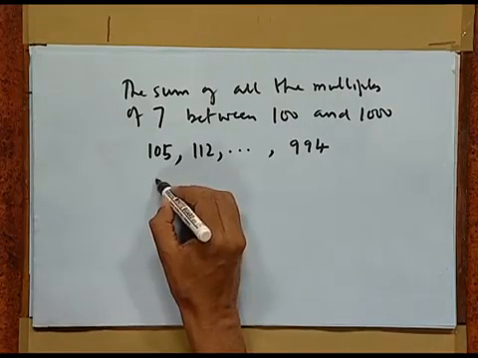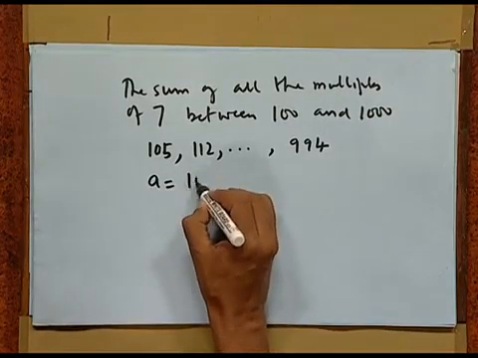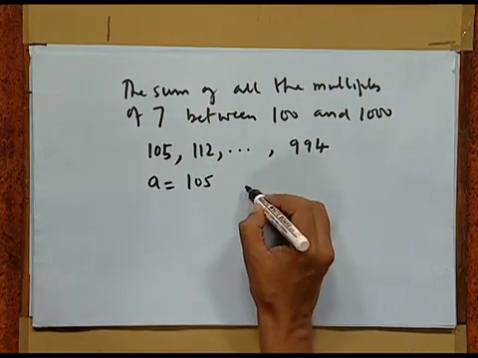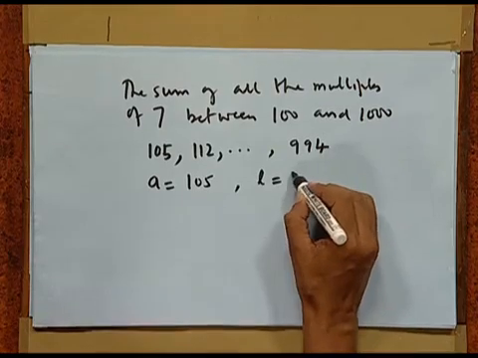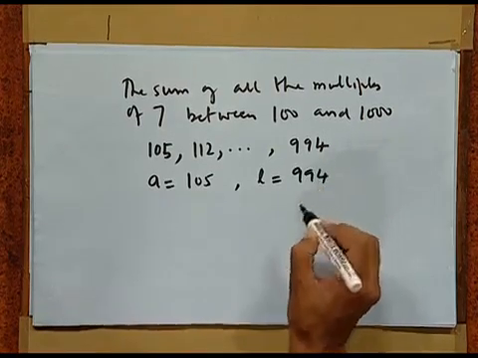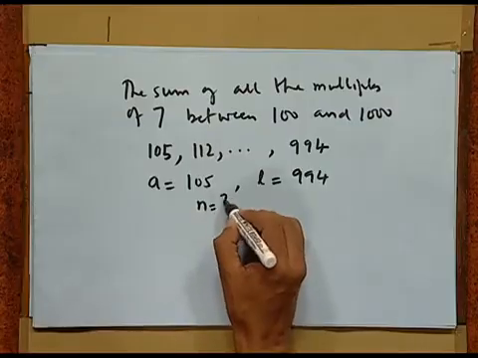Thus, the first term, that is a, is 105. The last term is 994. Here, our unknown is the number of terms. N is not given to us. Suppose we assume it to be n.